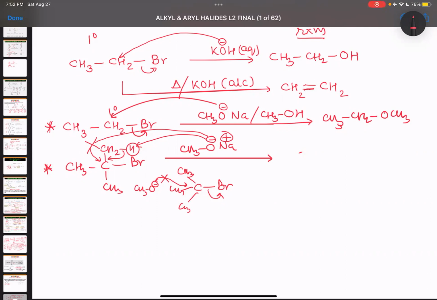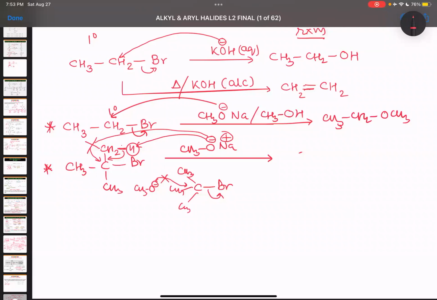But they can't go through a substitution reaction, because the carbon is very much sterically hindered, it is crowded, a lot of branches are there. The carbon which is connected to Br is not reachable. So what will a base do? It will go and extract the H plus.